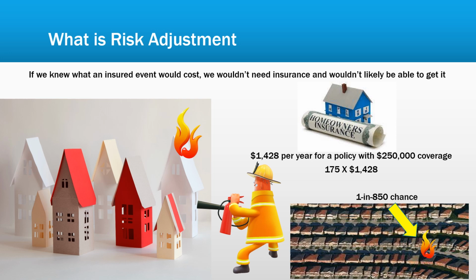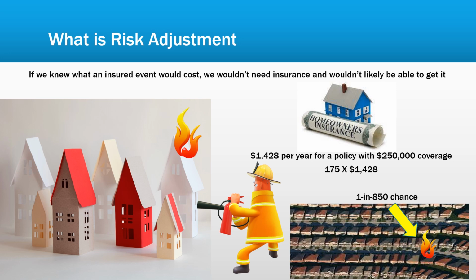Now, the average homeowner policy for $250,000 worth of coverage is $1,428 per year. So it would take 175 years for you to have paid $250,000 to get that coverage. So it's certainly a wise investment to pay $1,428 a year in case your house catches fire.